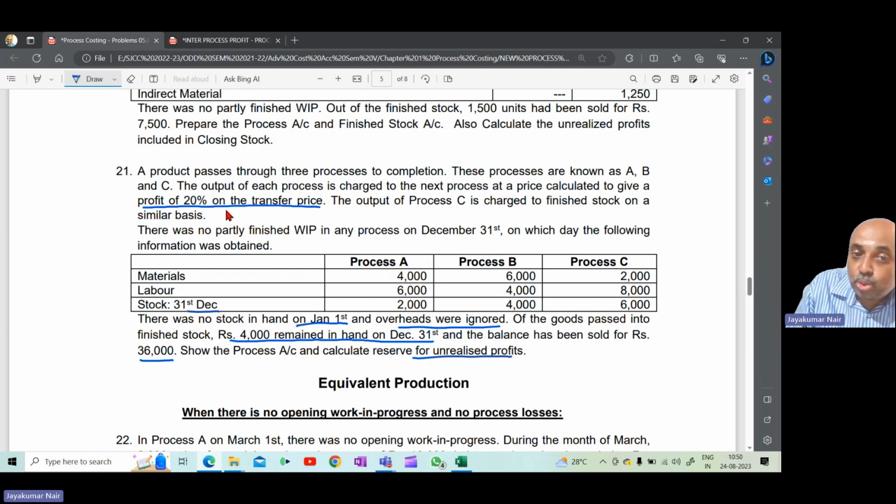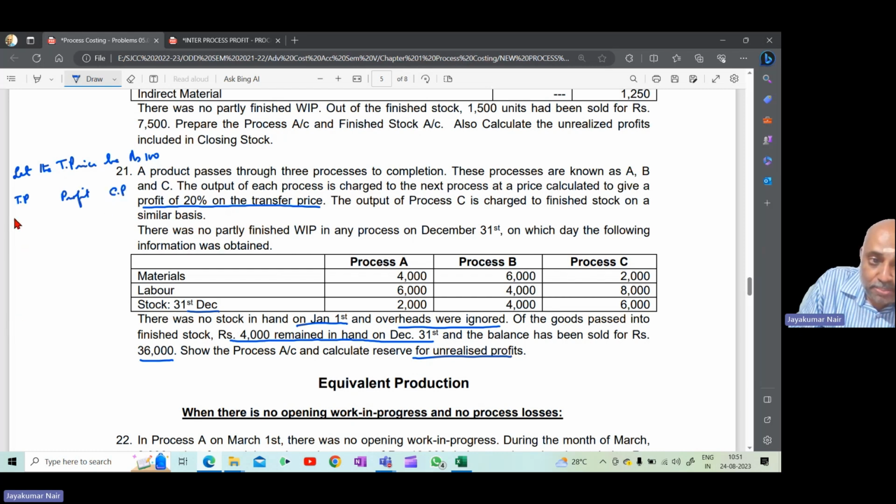We know that the goods are transferred to the next process at 20% on the transfer price. So what we must do is let the transfer price be rupees 100. I'll write here the transfer price, the profit, and the cost price.